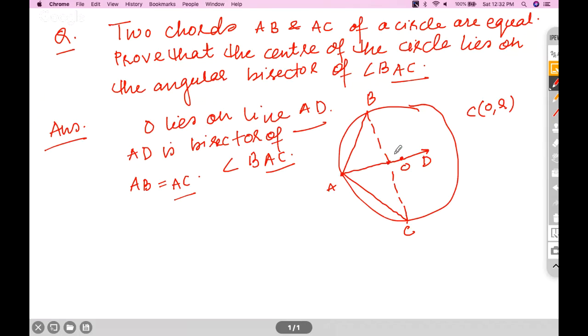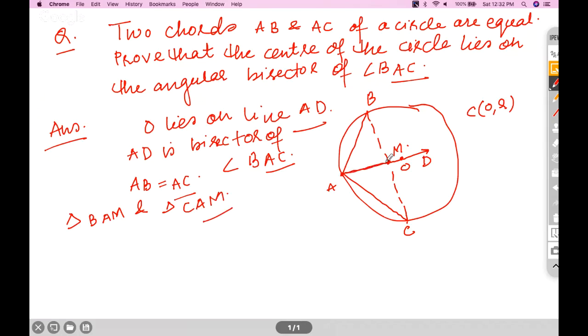And suppose this point is M. So what happens is, let me take triangle BAM and triangle CAM.